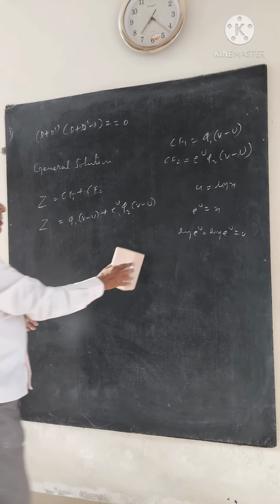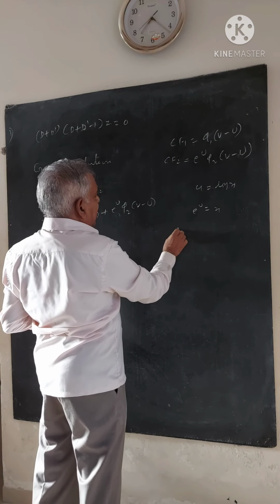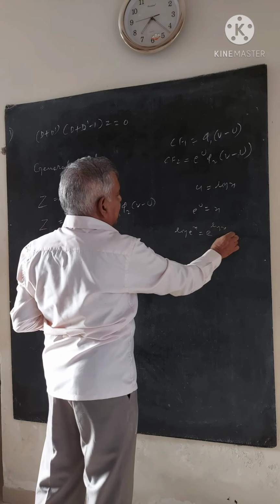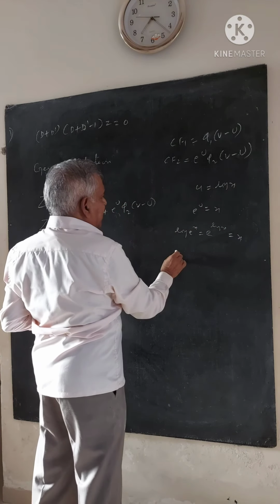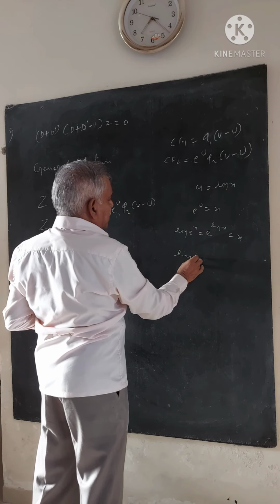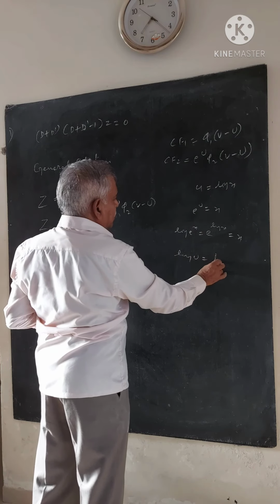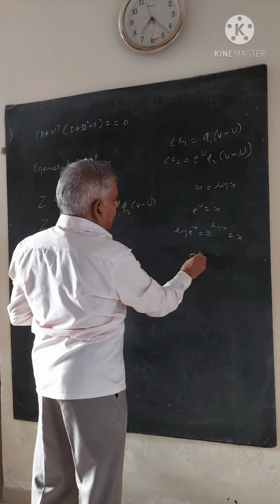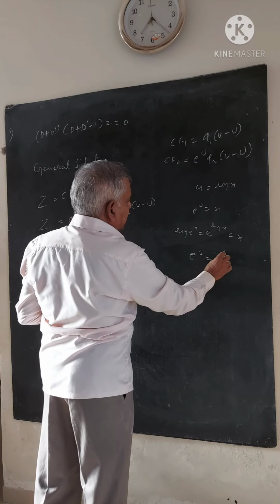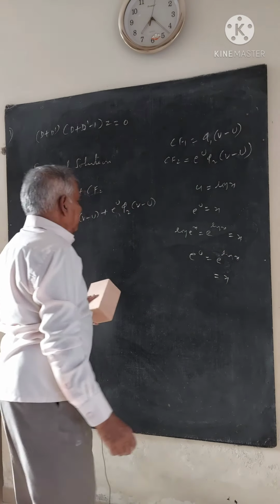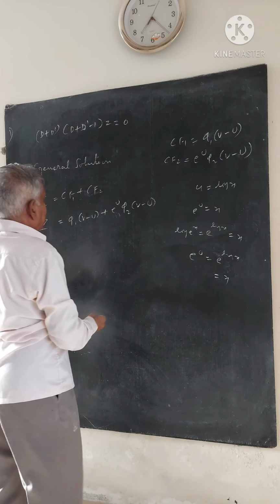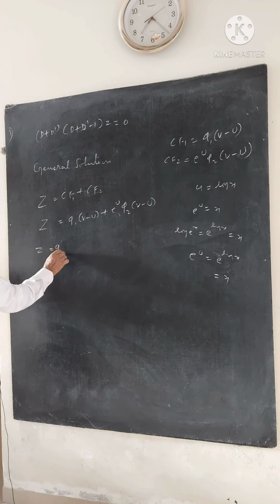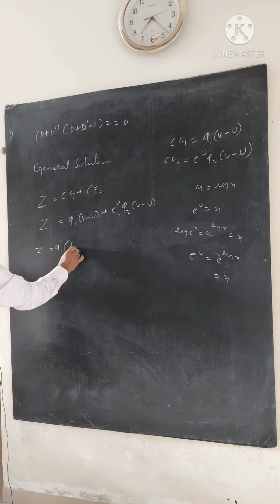Let us do it for x: e^(log x) equal to x. Here u equal to log x, so e^u equal to e^(log x), which is x. And v is log y.